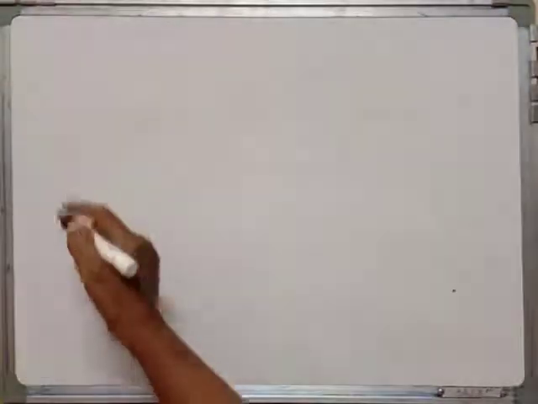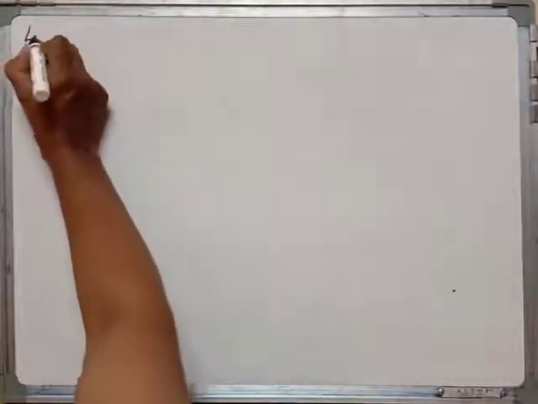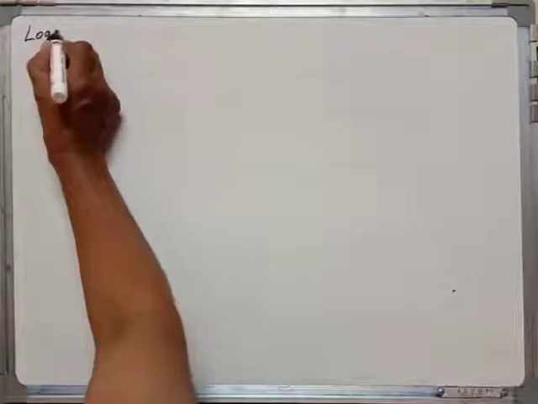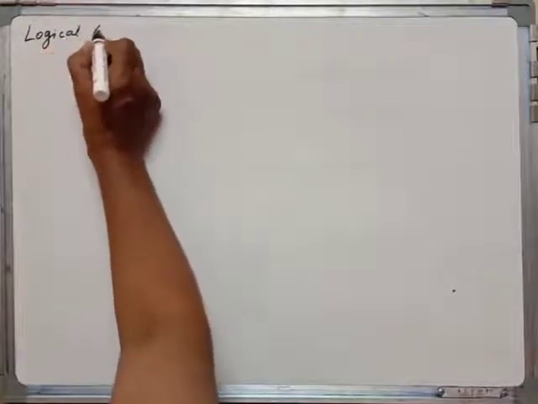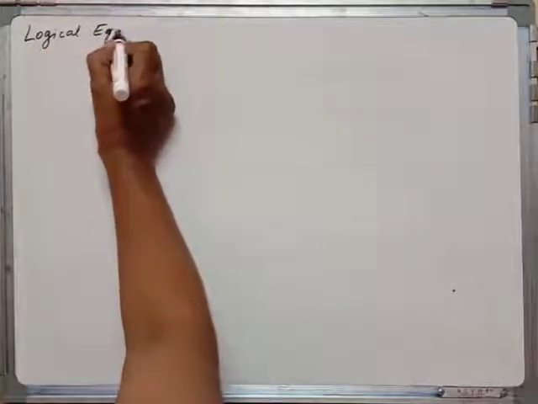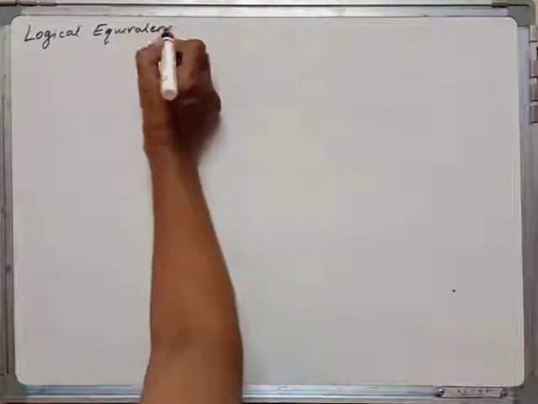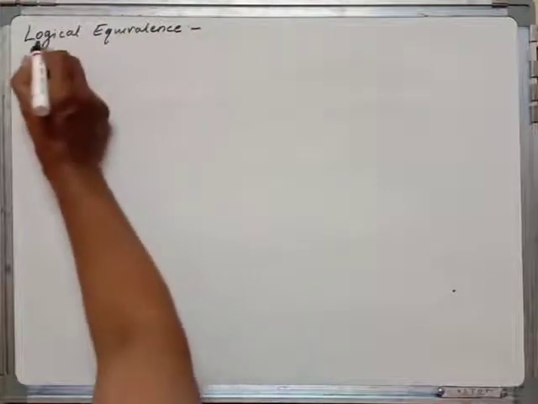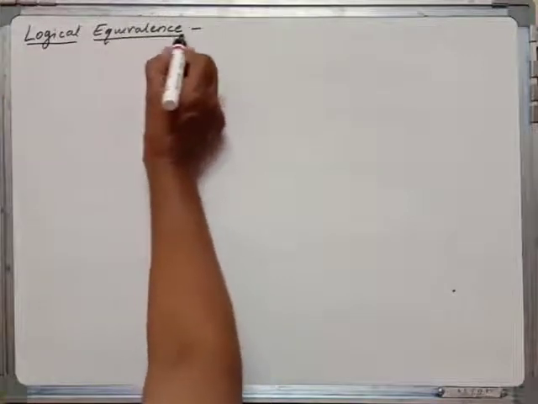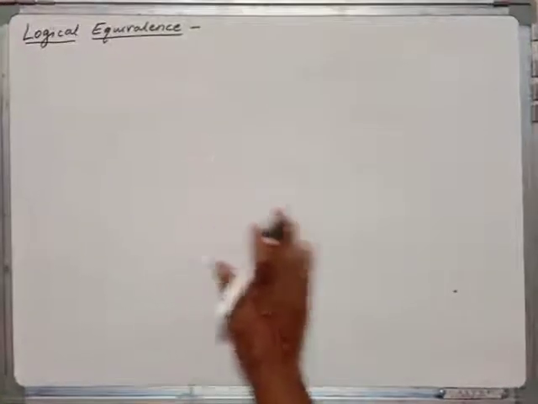Hello students. Now in this video we will see the topic logical equivalence. In the previous video we have seen propositional equivalence. In that one we have seen three definitions: tautology, contradiction and contingency.